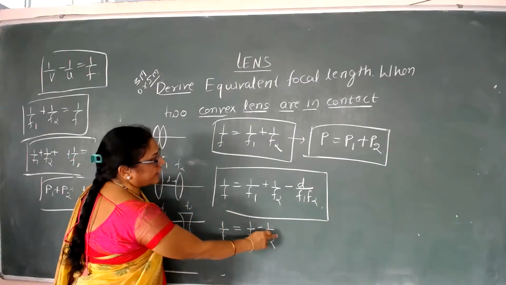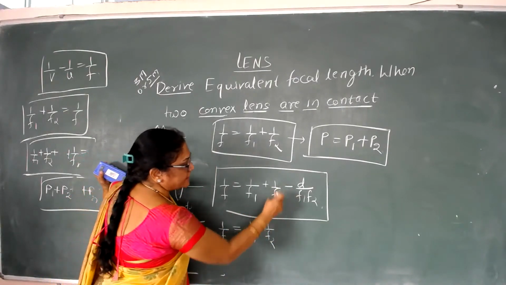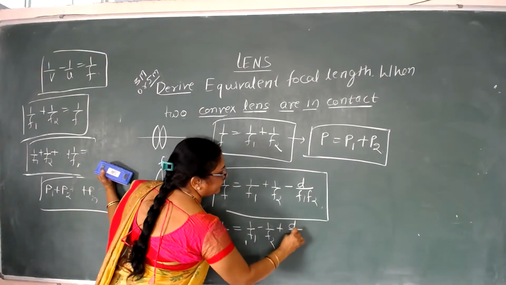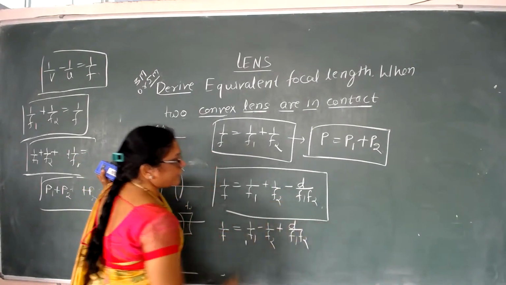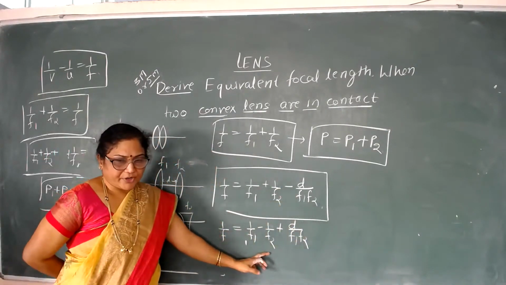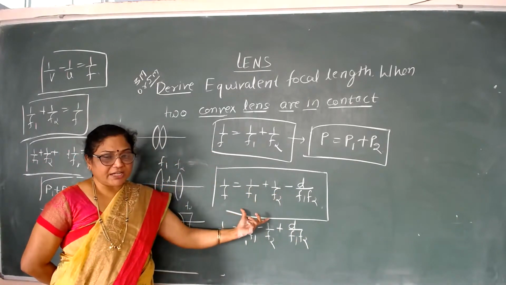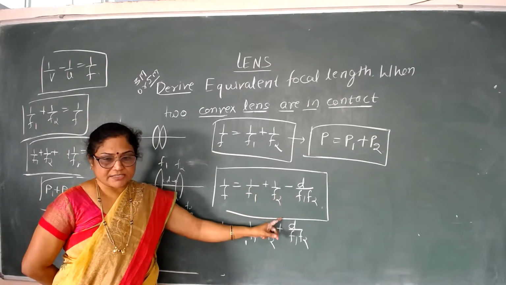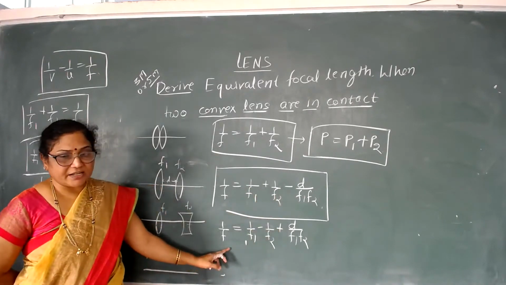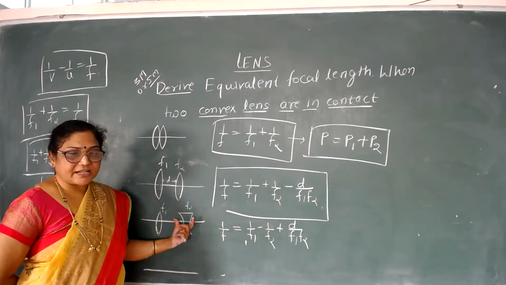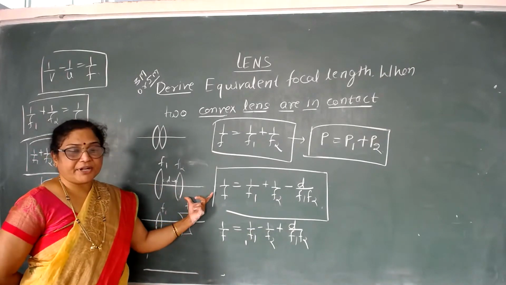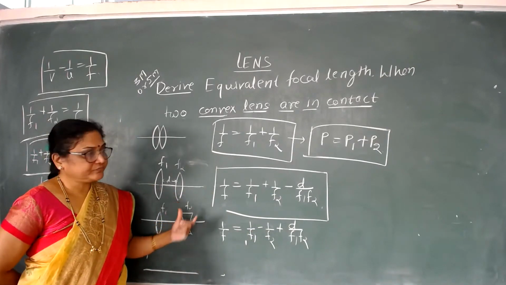Here this is the focal length for the concave lens. Then plus d/(f1 f2). So in this type, we use the Cartesian sign. Remember this formula, and depending upon the lens, we use the Cartesian sign. So this formula is related to when two thin lenses are separated by a distance d.